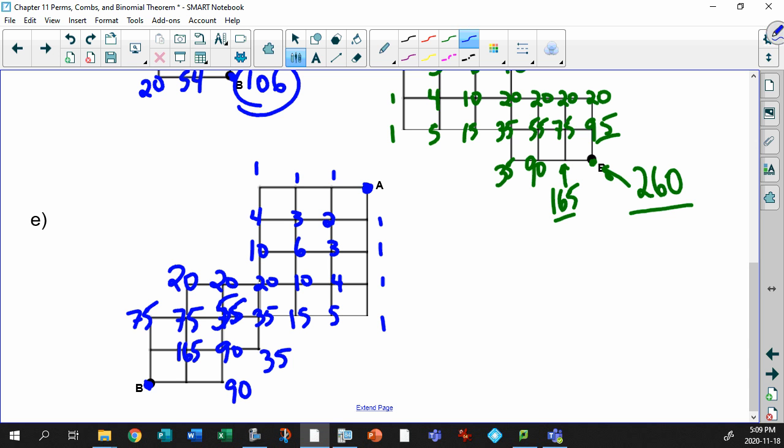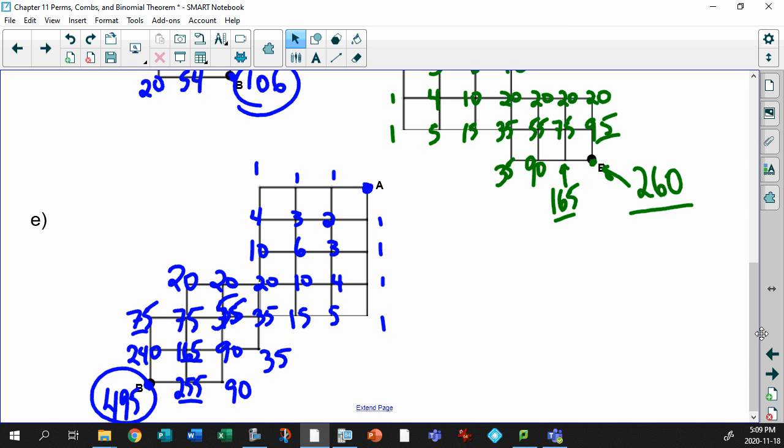Oh, forgot there for a second. 90 and 165 gives you 255 here, but we're missing one here. Yes, the 75 and the 165. That gives you 240 here. Wow. 240 and 255 gives you 495. There's 495 pathways to get to that.